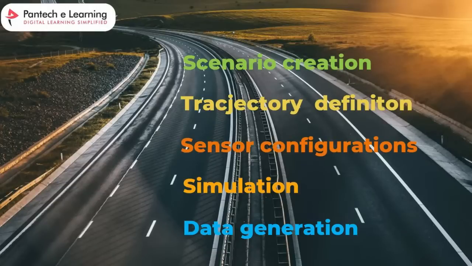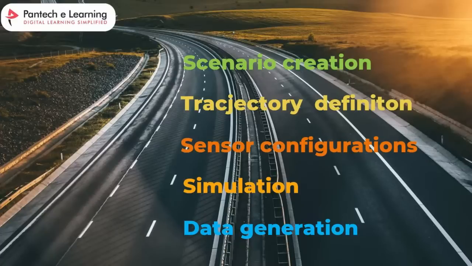Next, users can simulate the scenario to observe the behavior of the vehicles over time. This simulation capability enables the testing of control algorithms, sensor fusion algorithms and other components of the autonomous systems. Next one is data generation. This app can generate synthetic sensor data including detections from the vision and radar sensors, based on that simulated scenario.